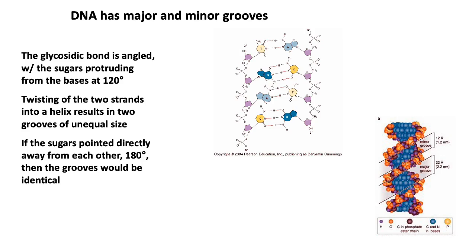The space between one phosphate backbone and the other, as you look up and down along the helix, those are called your grooves. And there are two of them, the minor groove and the major groove. These grooves are caused by the twist of the bond between the sugars and the nucleotides, that glycosidic bond that I mentioned.